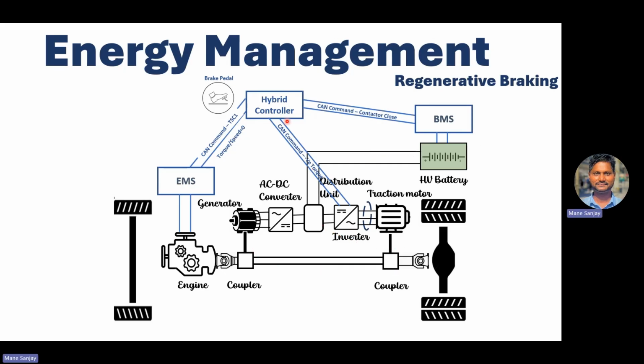So in which vehicle does this regenerative braking work very effectively? A vehicle where we have EBS. In the EBS, you can have very effective usage of this control strategy to use regenerative braking, because the electronic braking system gives all the information, such as the brake pedal position and everything.